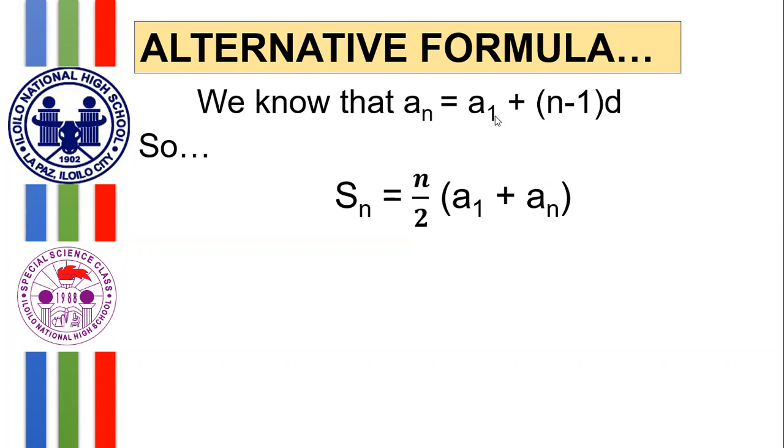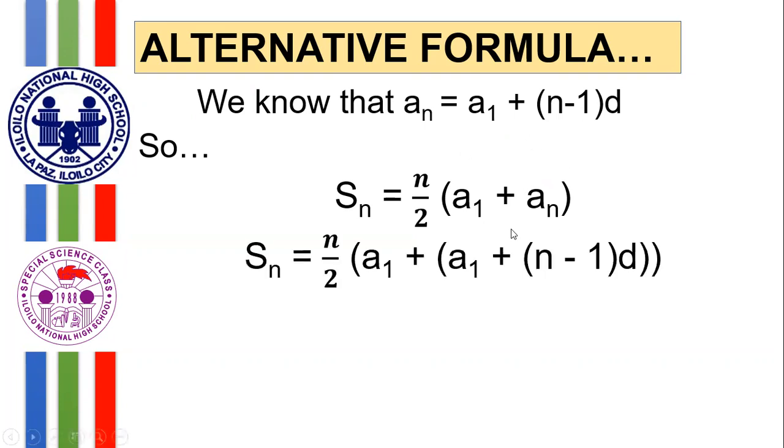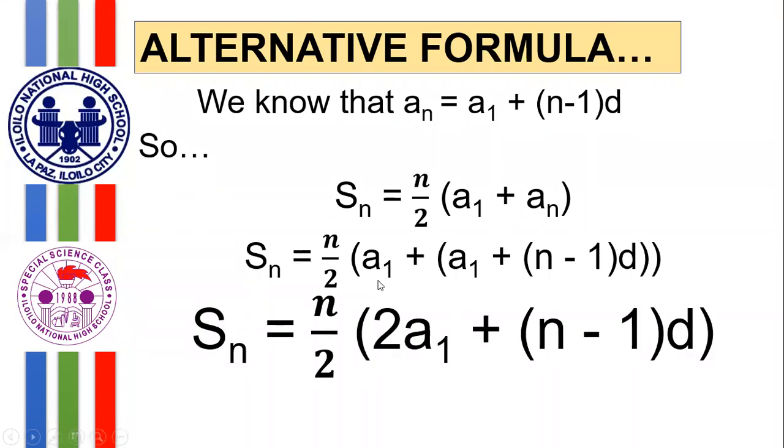So this will become s sub n equals n over 2 times a sub 1 plus a sub 1 plus n minus 1 times d. Inside the parentheses, we could add the two a sub 1s, and copying the rest gives s sub n equals n over 2 times the quantity 2a sub 1 plus n minus 1 times d.